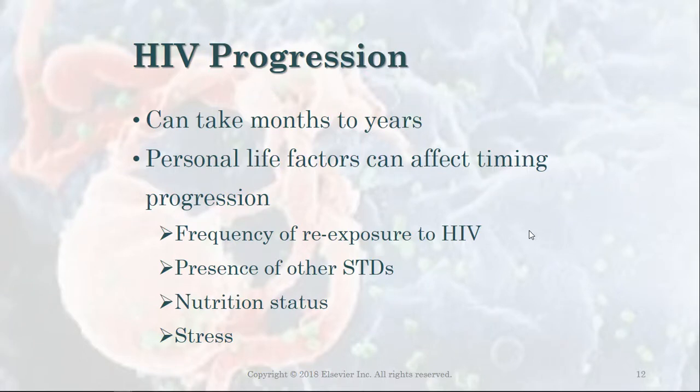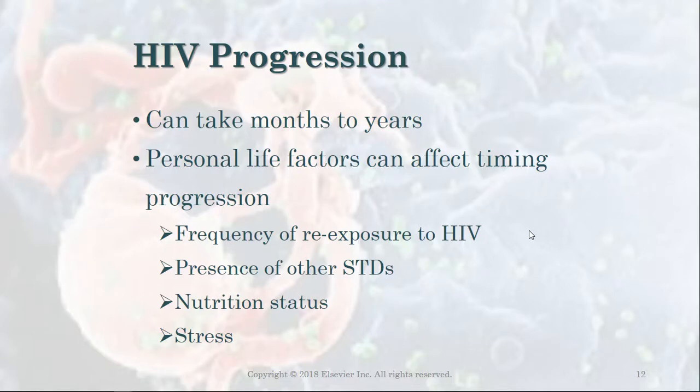Okay, so HIV has been known to be a mutating virus. So the more you're exposed to it, it's possible that you can be exposed to various mutated forms of the virus. So that will increase the progression of HIV. Remember, they have that window from stage 0 to stage 1.